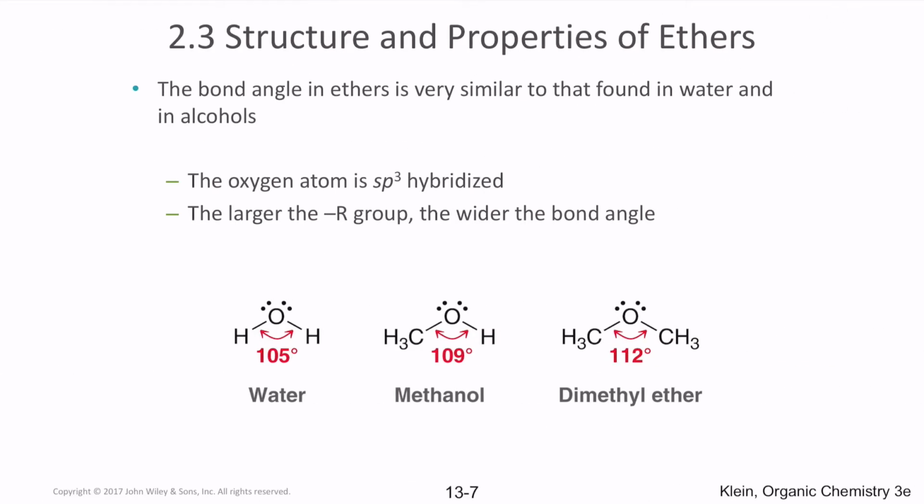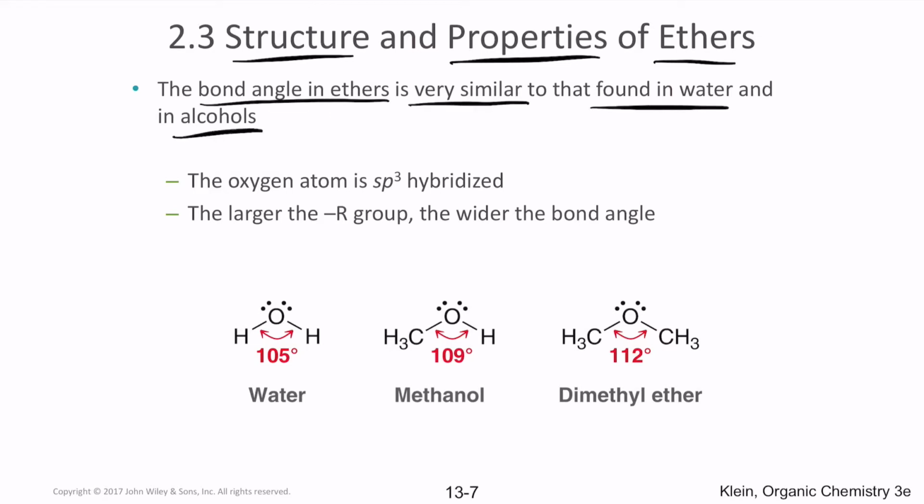But this brings back the question of what the structure and properties of ethers are. The bond angle in ethers is generally very similar to that in water and in alcohols. The oxygen here is sp3 hybridized. The reason it's sp3 hybridized is because it does not have a double bond.